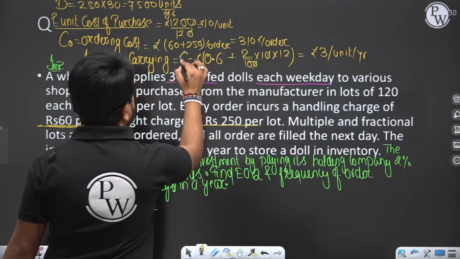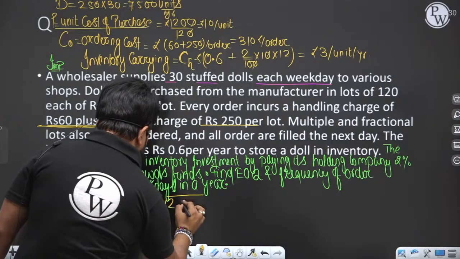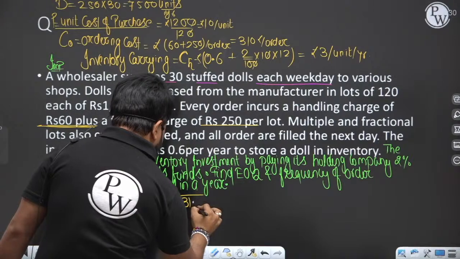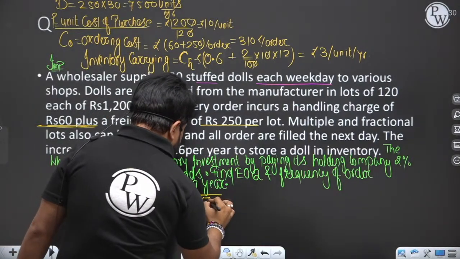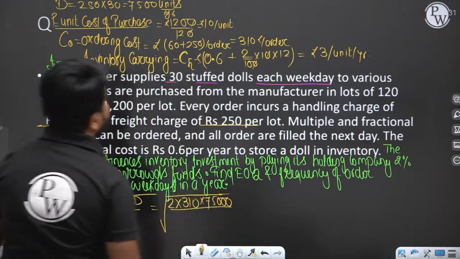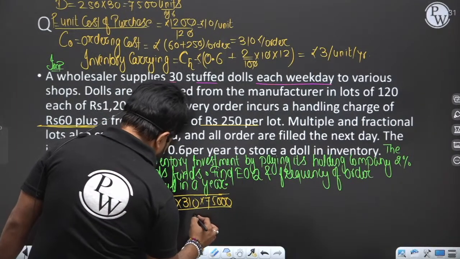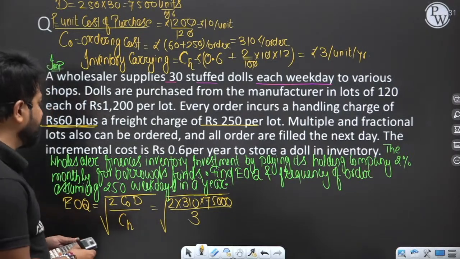So here 2 into C naught, which is 310, into demand, which is 75 00, divided by 3.